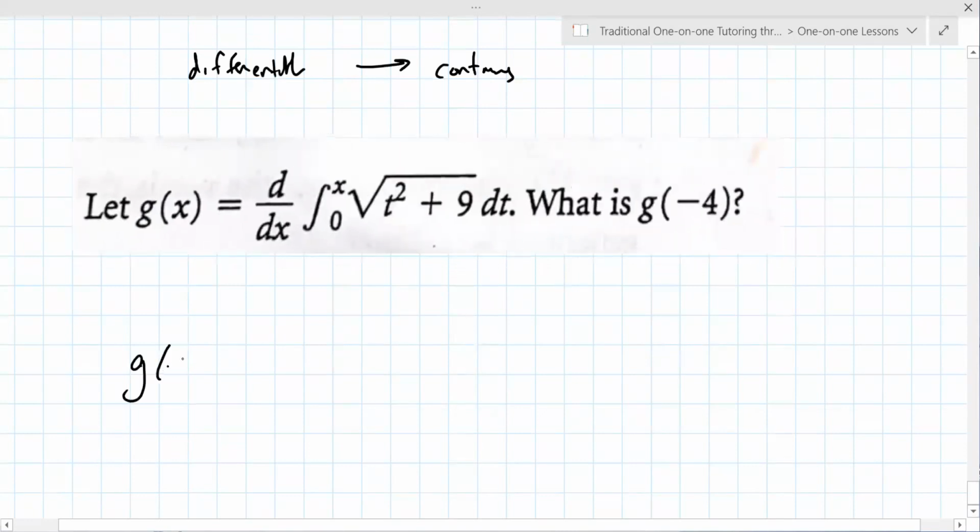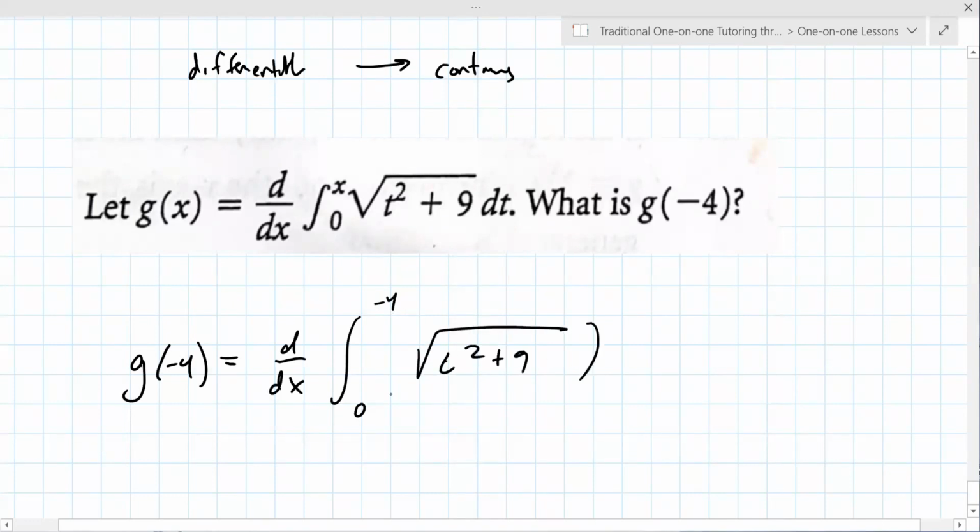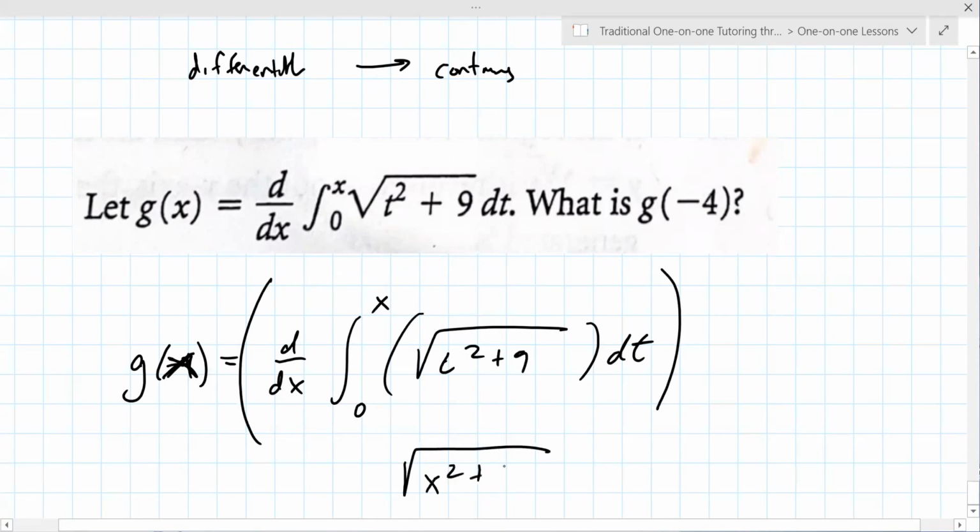Okay, so g of -4 says d dx integral 0 to -4 root t squared plus 9 dt. So you do the antiderivative of t squared plus 9, right? Well, if we ignore this for a moment and just do this part, what this says is put x in here, multiply by the derivative of x, which is 1.